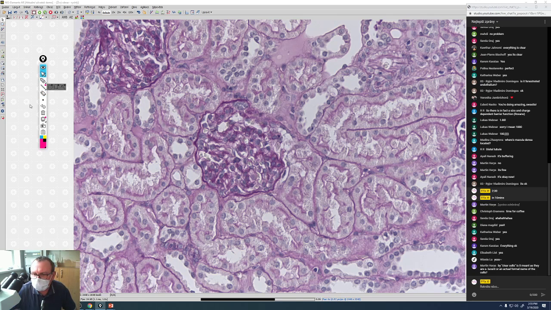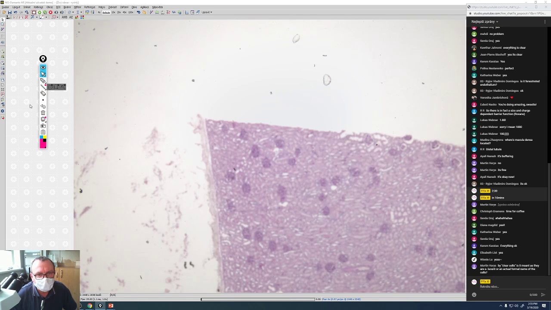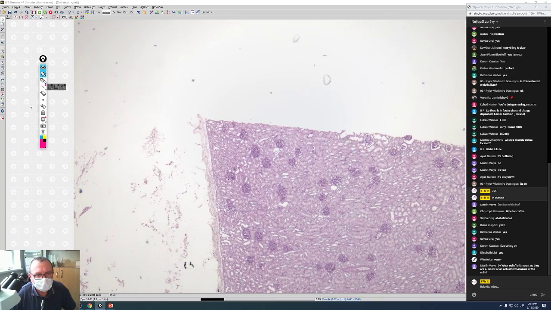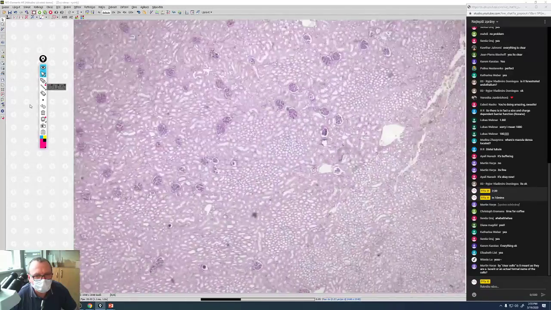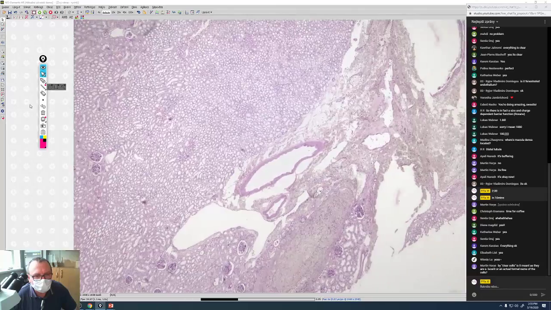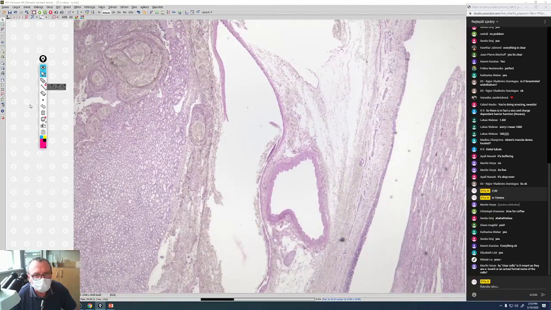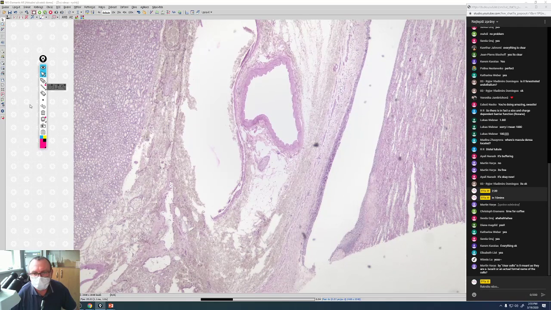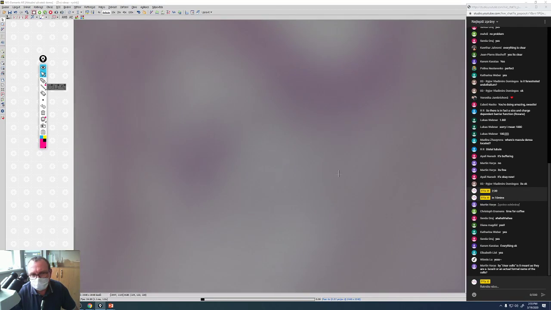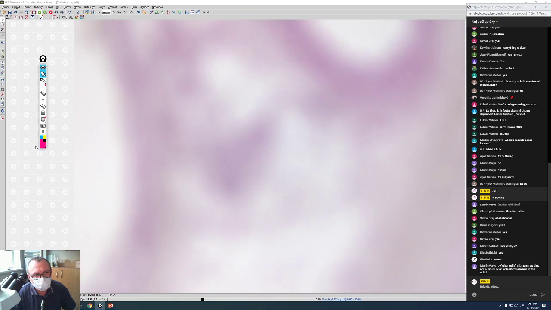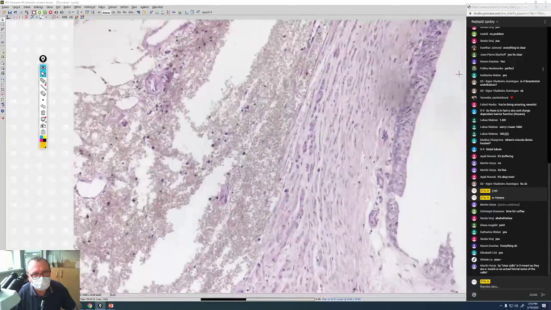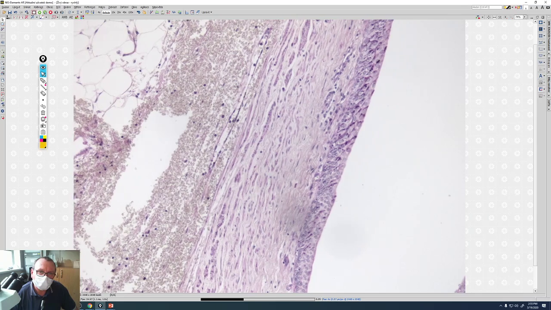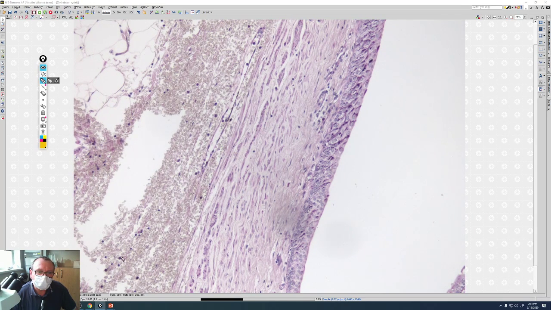If we look at this slide in small magnification once more, we can see that it has the same structures as the previous one. Also, the vessels are here. Maybe I can find some renal calyx again with transitional epithelium, which I lost, but here it is. Quite nice is the smooth muscle.